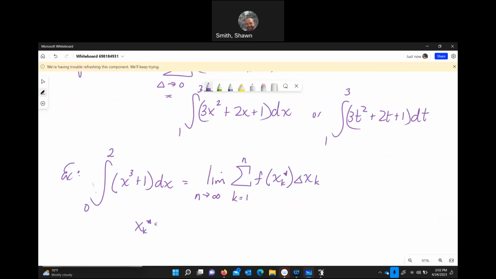X of k star, we know, is equal to the starting point plus the change in x, from 2 minus 0 over n, k times that.